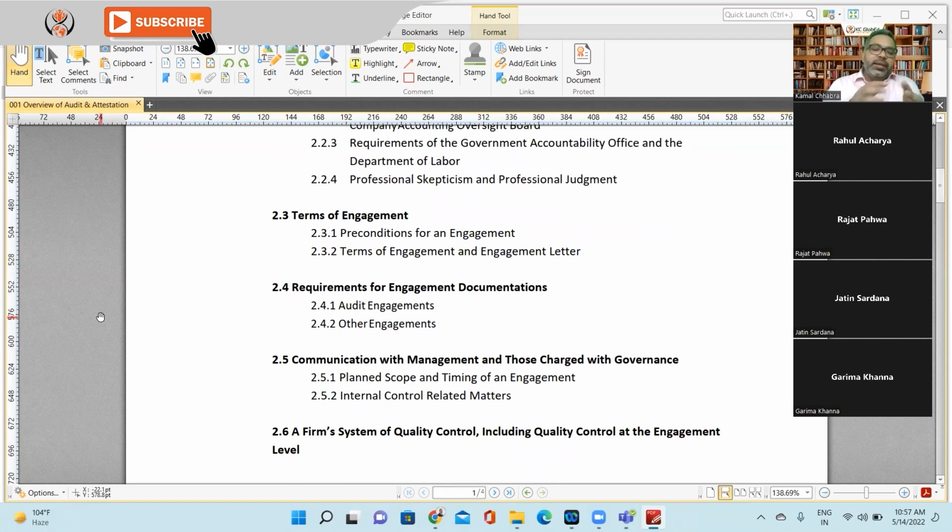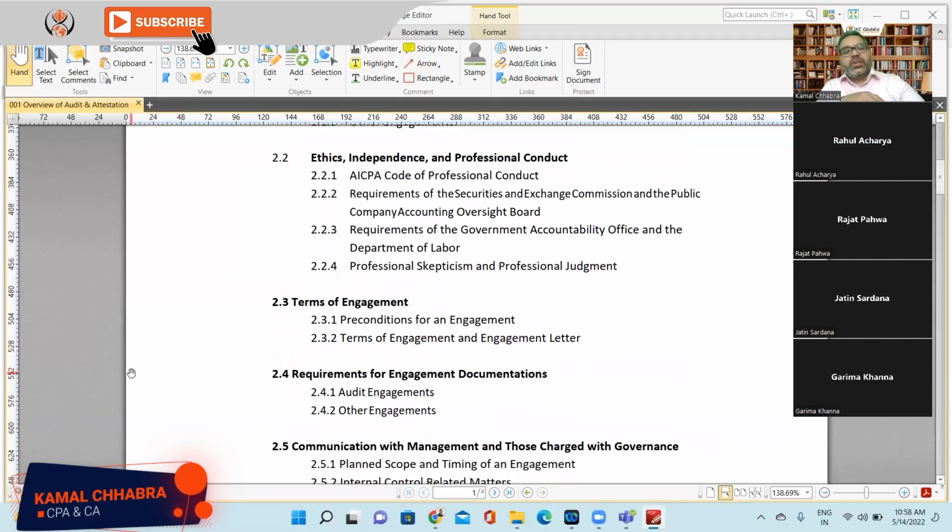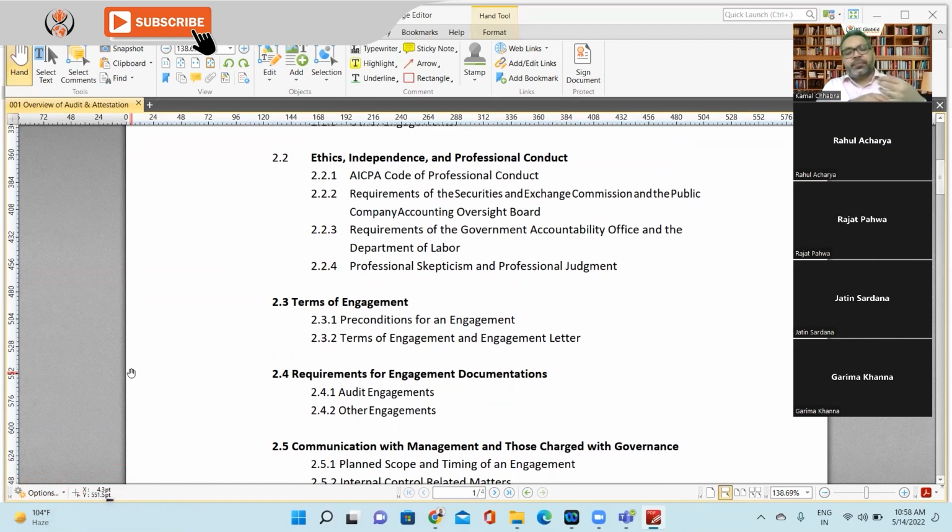As an auditor, as a CPA, it is our responsibility to test those judgments and estimates to ensure whether they are reasonable or not, right? This all comes in 2.2, which is ethics, independence, and professional conduct, right?